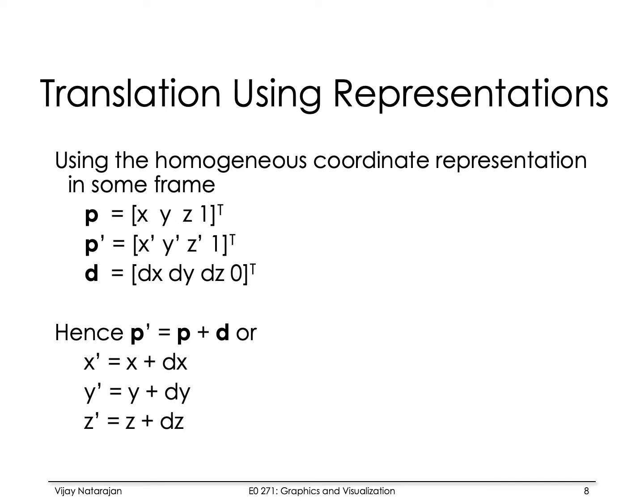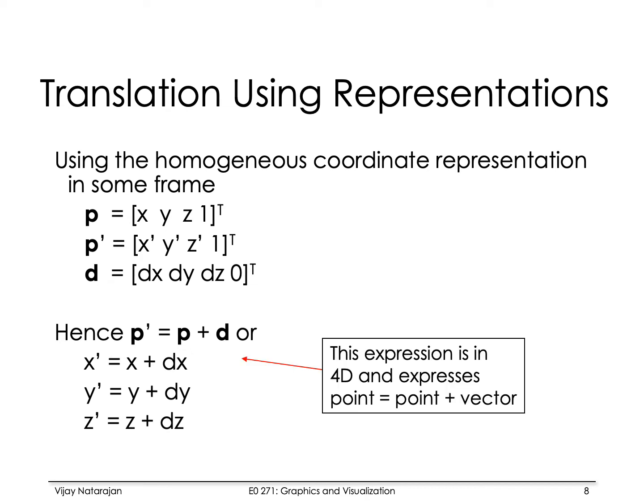So essentially we have P prime is P plus D. If we write this in the form of homogeneous coordinates, this is essentially an expression in 4D. But this expression is essentially an addition. It's a point plus a vector.